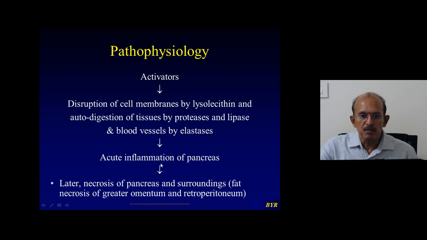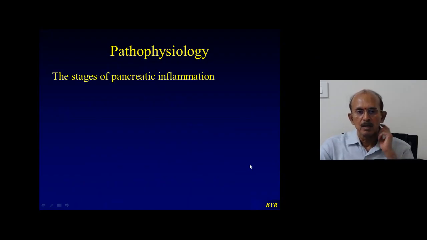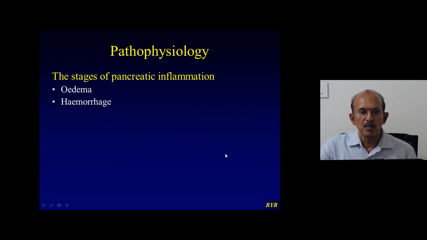If the inflammation becomes severe, there will be necrosis of the pancreas and surroundings. Surroundings means the greater omentum and retroperitoneum. You find the fat getting necrosed by the lipase. The stages of pancreatic inflammation: edema, hemorrhage, necrosis, infected necrosis.